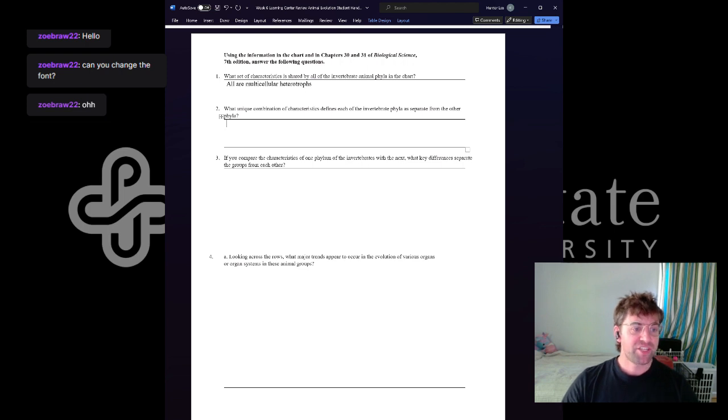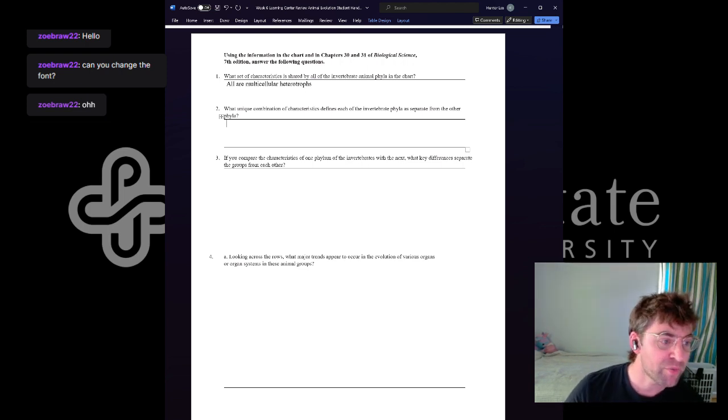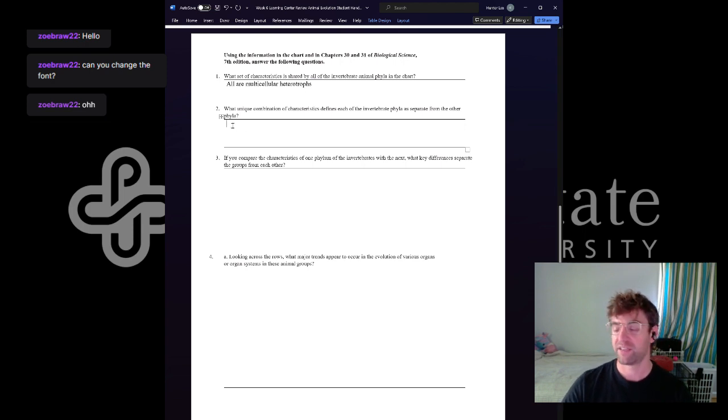What unique combination of characteristics defines each of the invertebrate phyla as separate from the other phyla? You want to go down each column and really do this exercise. Go through this chart that we just built and figure out the defining characteristic of each phylum, making it distinct from the ones before or after.